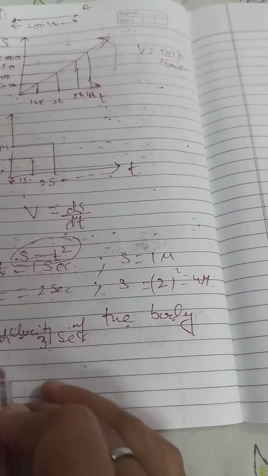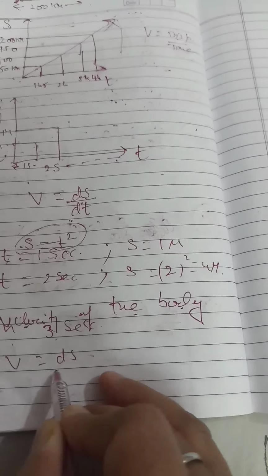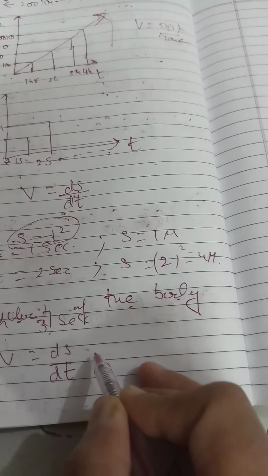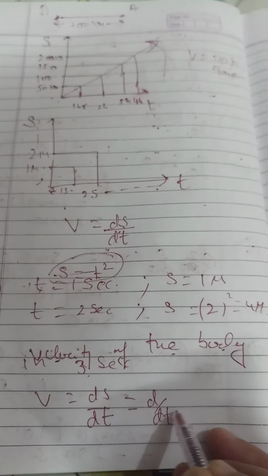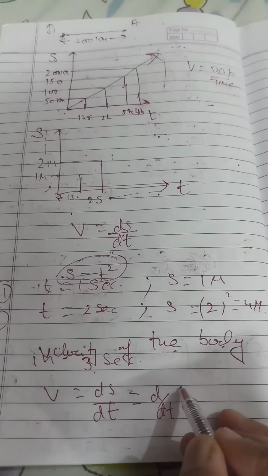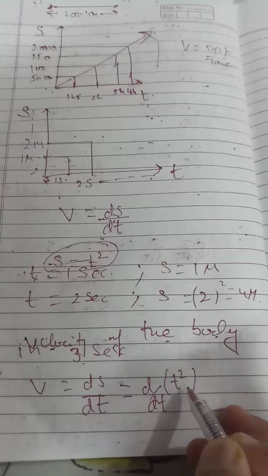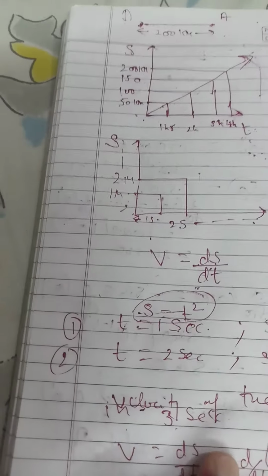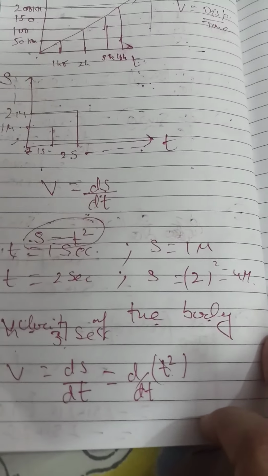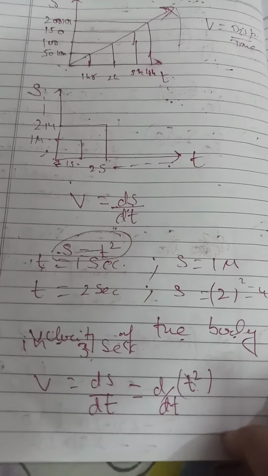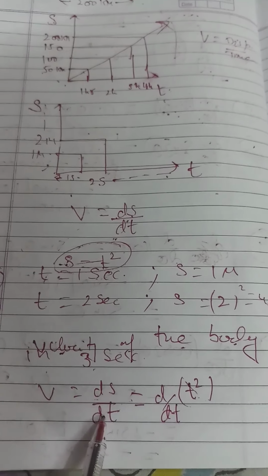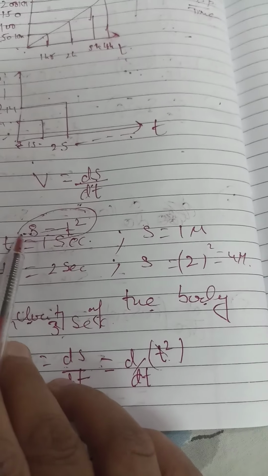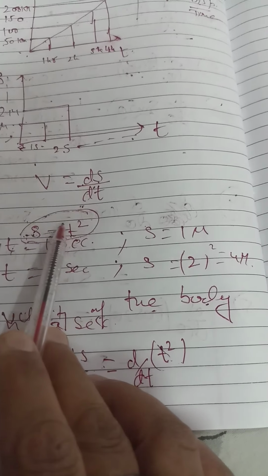To calculate that velocity, what will I do? I will do ds by dt. That is ds by dt, which is d by dt of t square. Why? Because my s is t square. Clear? I have differentiated s with respect to dt.